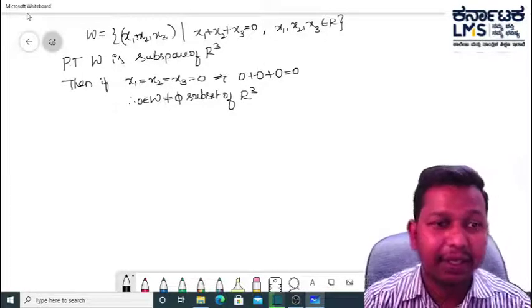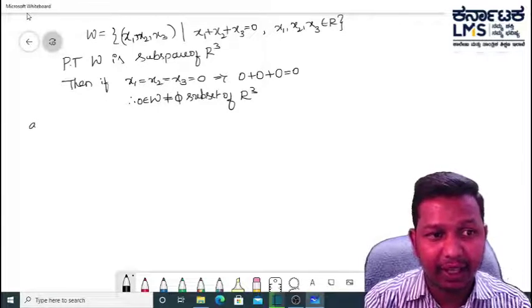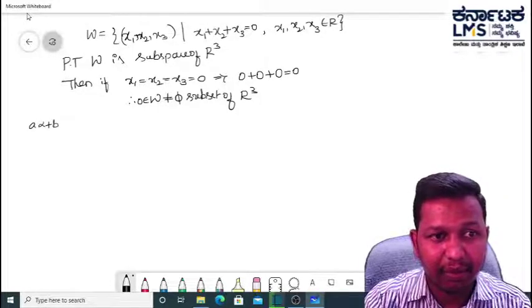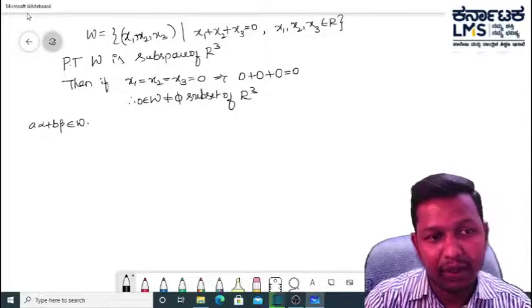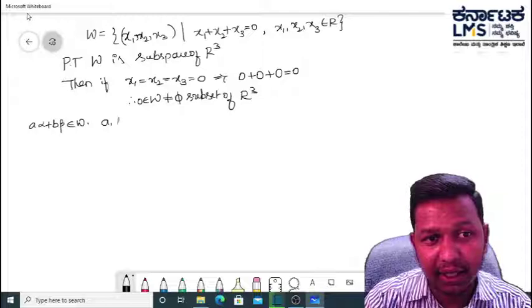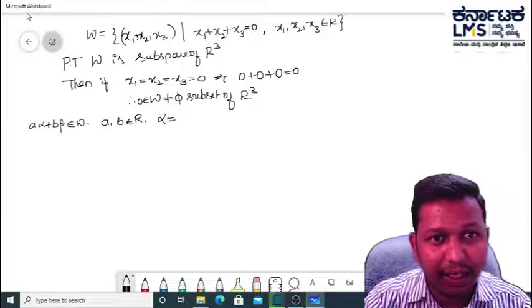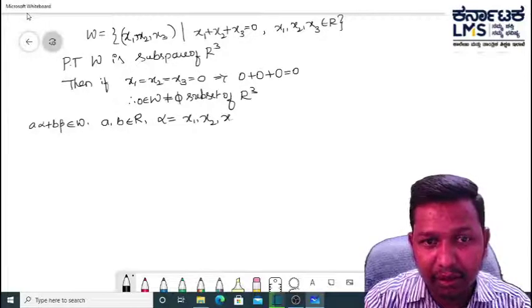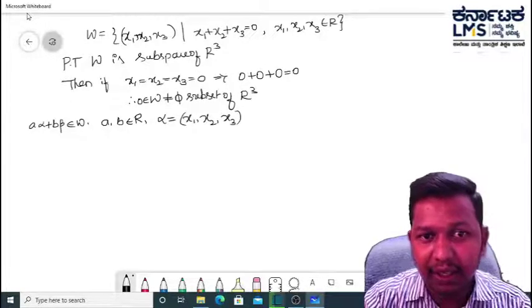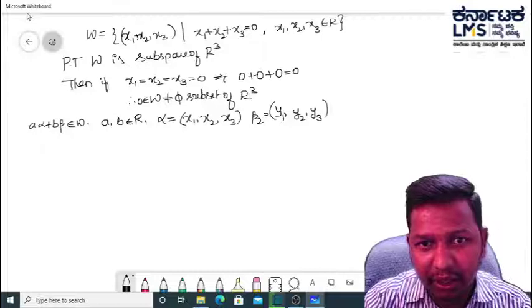Next, we need to verify a criterion for subspace, that is A alpha plus B beta belongs to W. For this, we need two scalars A comma B belonging to R, and alpha is x1 comma x2 comma x3 and beta as y1 comma y2 comma y3.